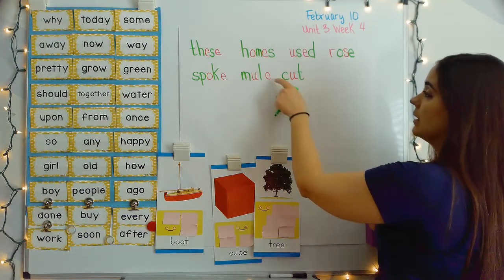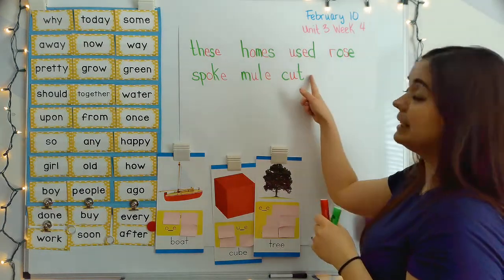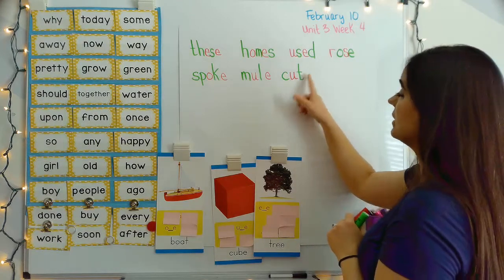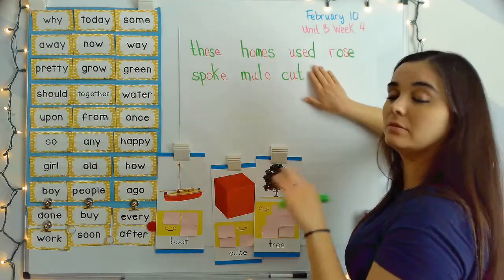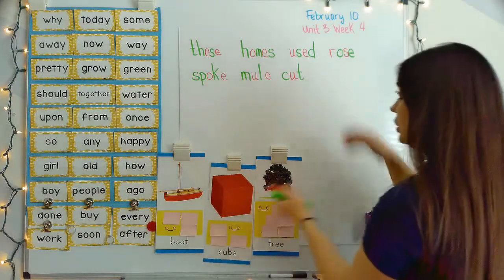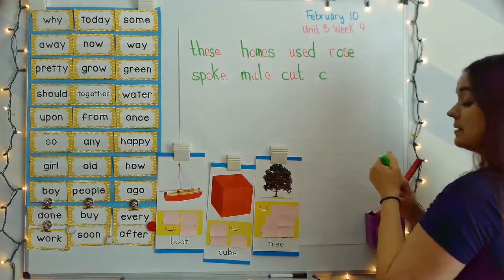Ka, U, T. Cut. But if I add an E to this word, it's going to make a totally different word, because the E that we're going to add is going to tell that U, it no longer says uh, now it has to say U. So C says ka.